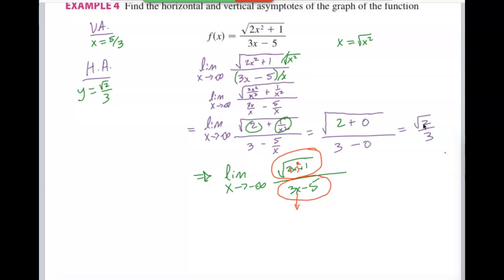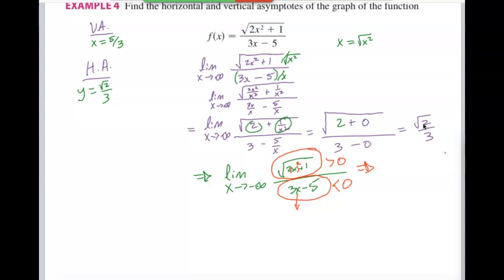Multiply by 2, add 1, it's still positive. Take the positive square root, it's still positive. So my numerator is always positive, my denominator is always negative. Well, what do you know? What's a positive number divided by a negative number? What's the overall sign of the fraction going to be?